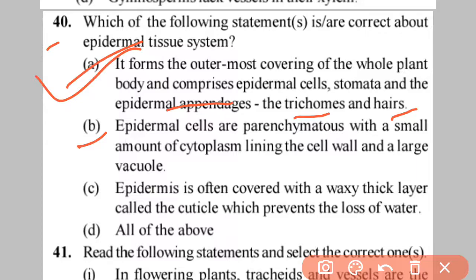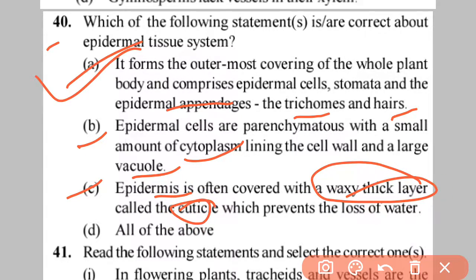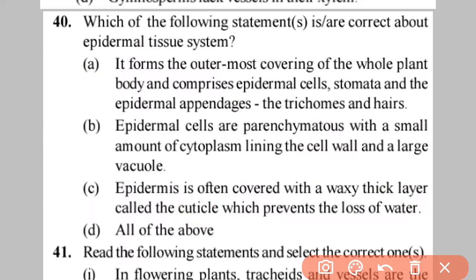Epidermal cells are parenchymatous with a small amount of cytoplasm lining the cell wall and a large vacuole. Yeah, they have a large vacuole. Yeah, this is correct. Now the third one is, epidermis is often covered with a waxy thick layer called cuticle. Yeah, this is right, which prevents loss of water. Yeah, here you can see all options are correct. Okay, so correct option is D.